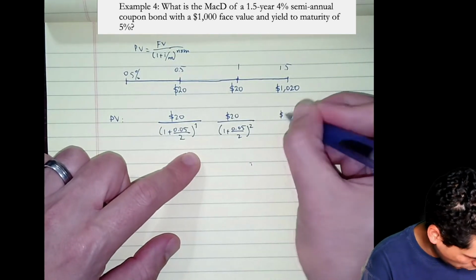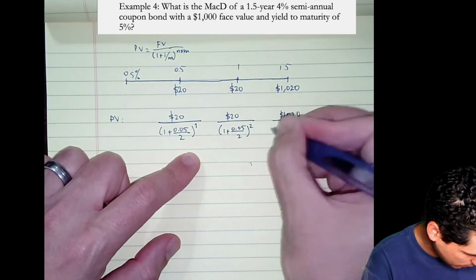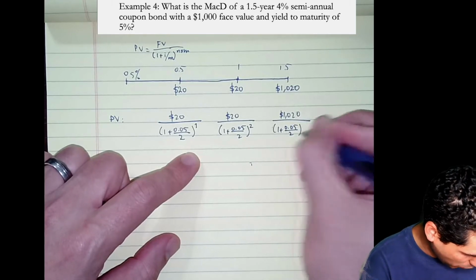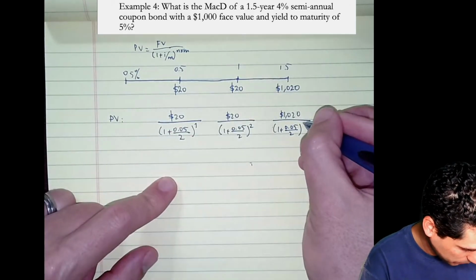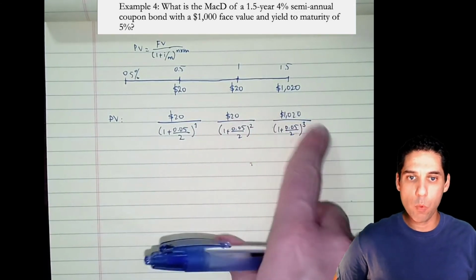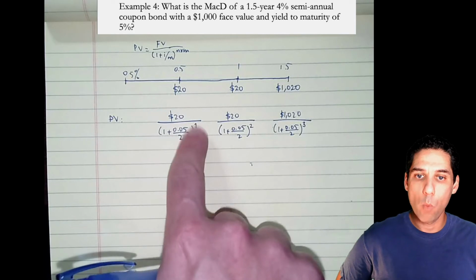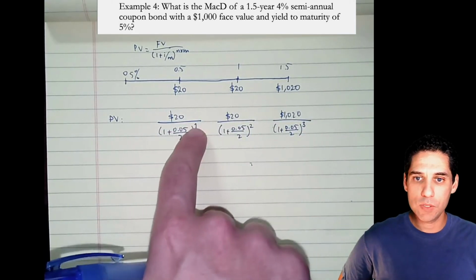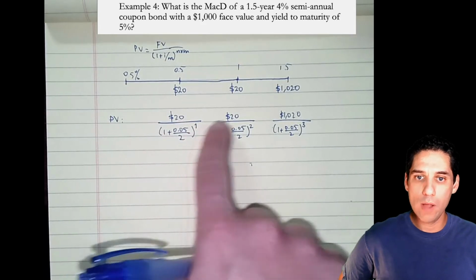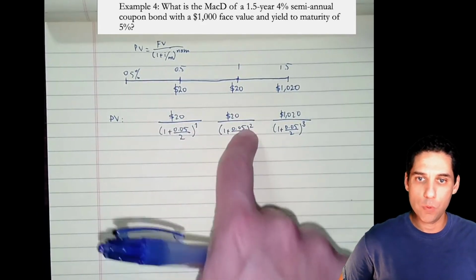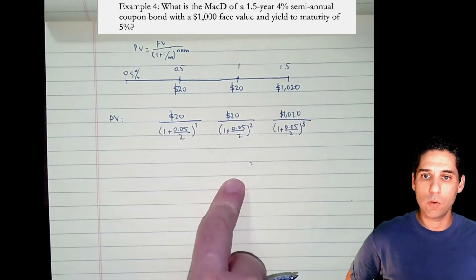And the last one is 1020 divided by 1 plus 0.05 over 2 raised to 1.5 times 2, which is 3. In fact, these power terms will be 1, 2, 3 every time: coupon 1, coupon 2, coupon 3, or 1 increment, 2 increments, 3 increments. So that's how it goes.